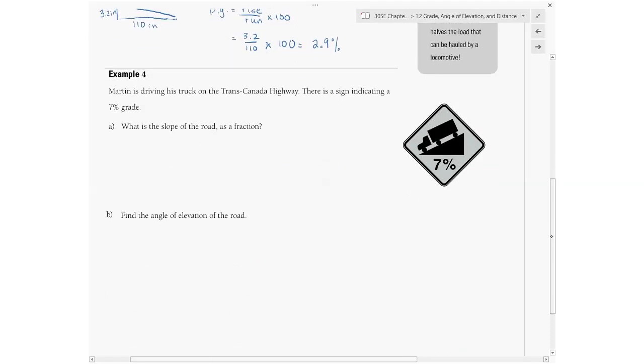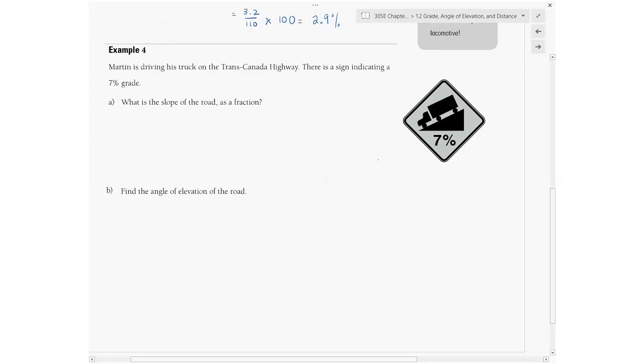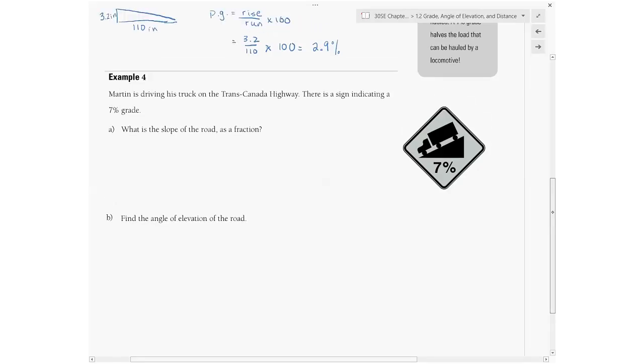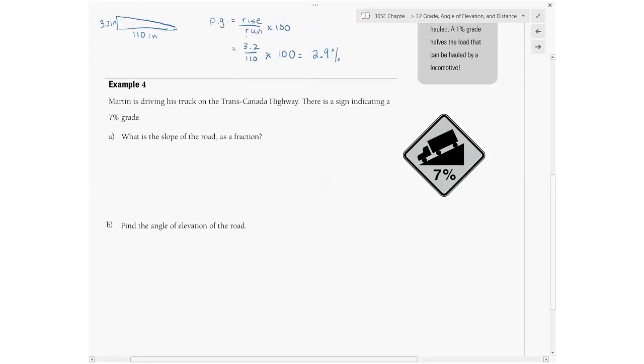So Martin is driving his truck on the Trans-Canada Highway. There's a sign indicating a 7% grade. What is the slope of this road as a fraction? Well, now we're going to try to figure out what the slope was.